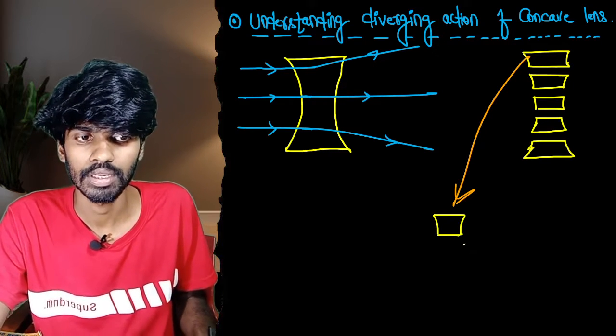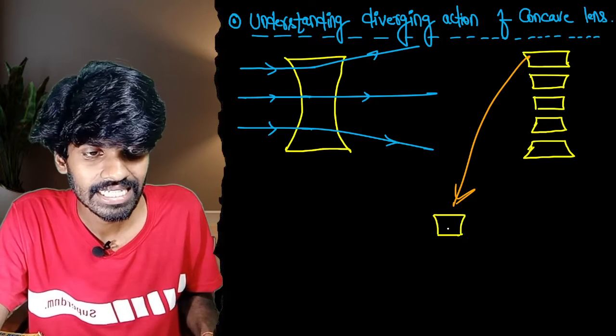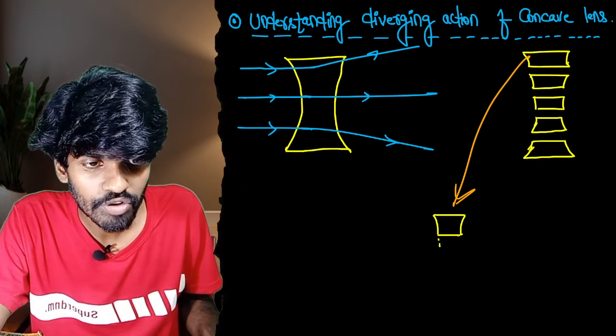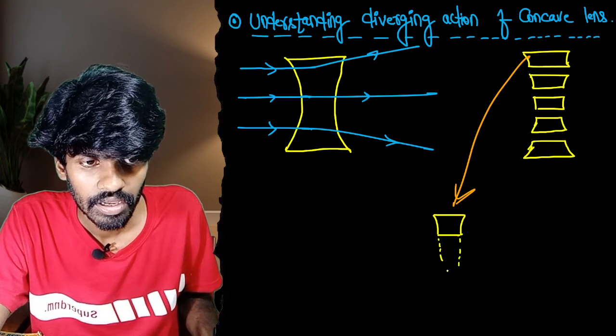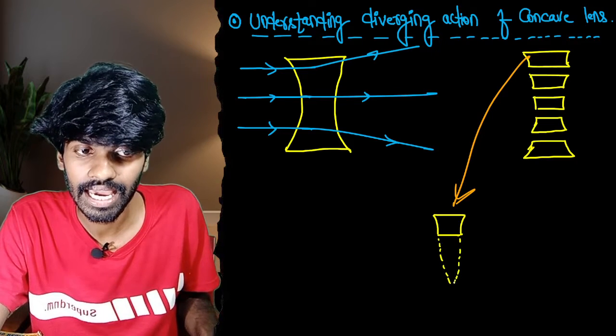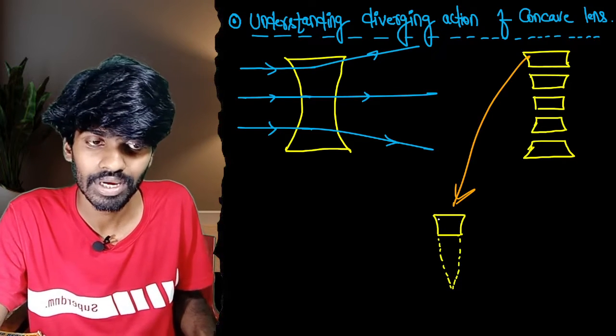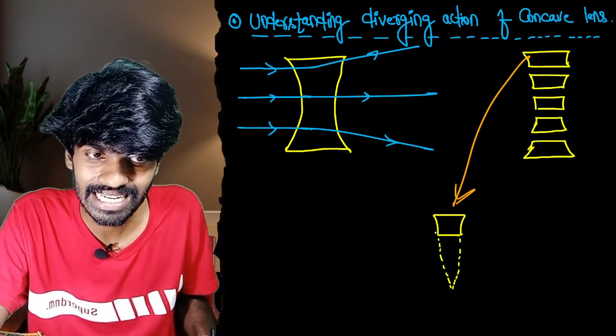This is the actual portion. Now you can analyze it exactly like a part of a prism, with a very small angle of prism. In this situation, the prism angle is lesser.